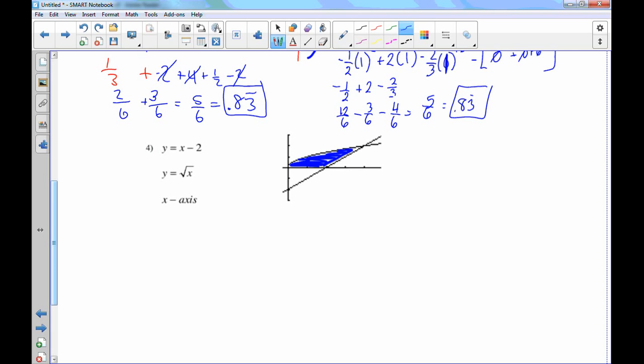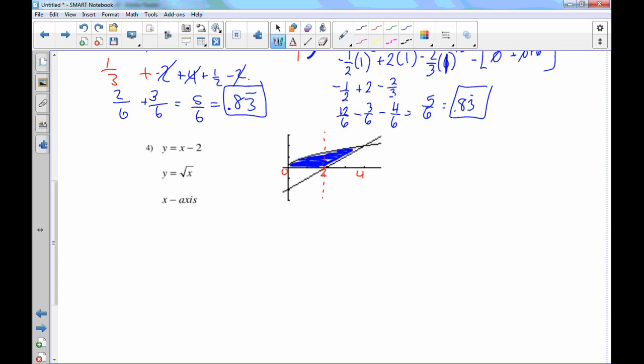Okay, so if we integrated this with respect to x, we would have to cut it right here, and do two separate intervals from 0 to 2 and from 2 to 4. It ends up being 4.